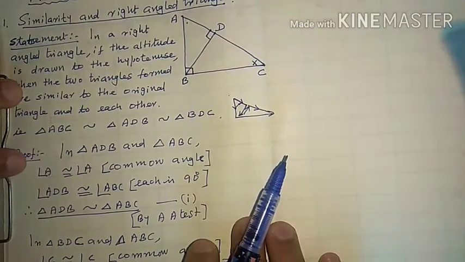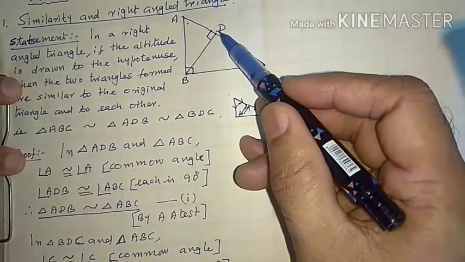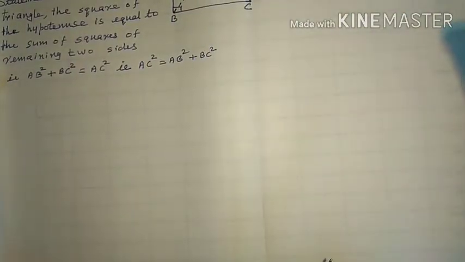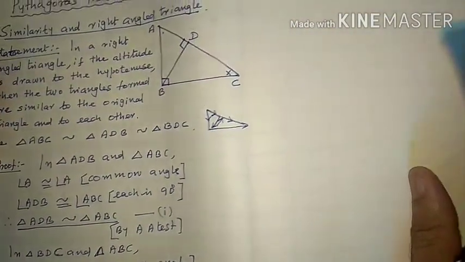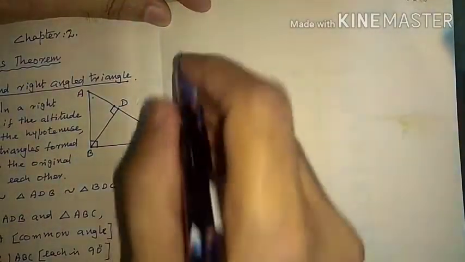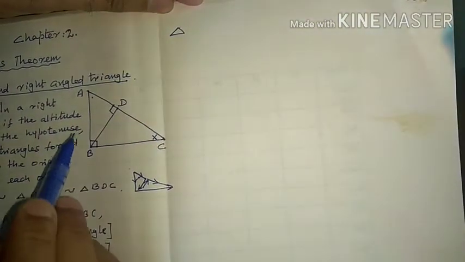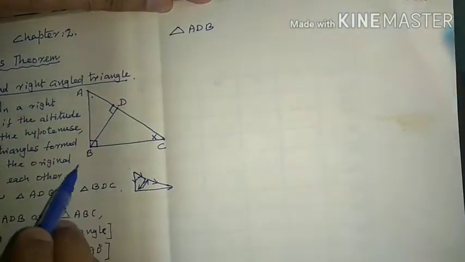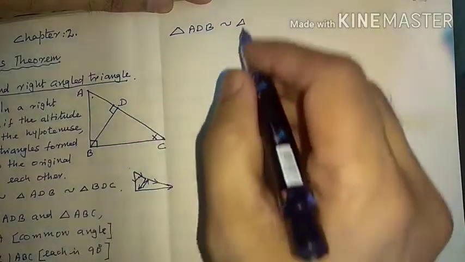Now we have to go for this, also called BD, the perpendicular drawn, that is known as geometric mean. We do it here itself. We take this smaller triangle ADB, triangle ADB similar to triangle ABC.